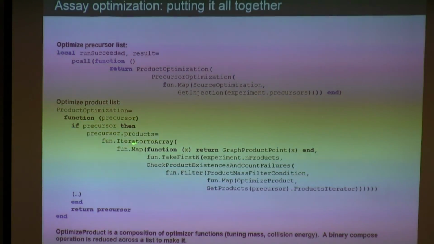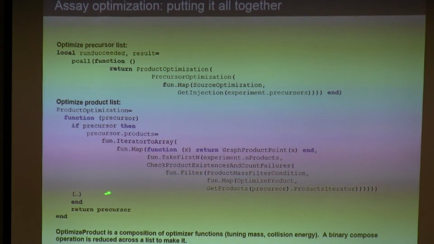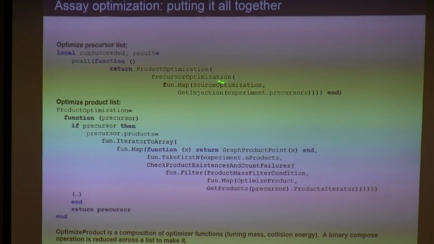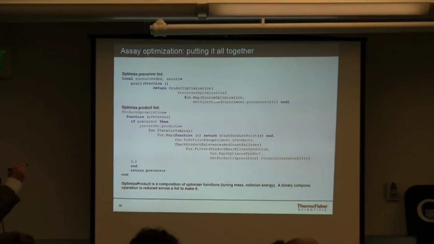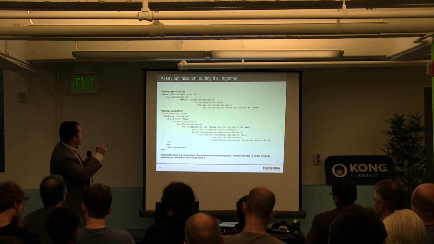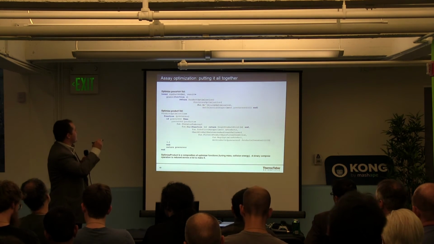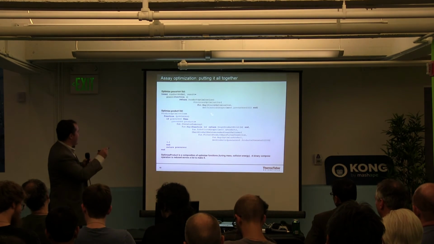Pack that all up. And we can have a precursor optimization that's very similar. And then we bundle up the precursor and the product optimizations using, again, higher order functions. We map source optimizations over the precursor list and map the precursor ion-optics optimizations over the return from that.